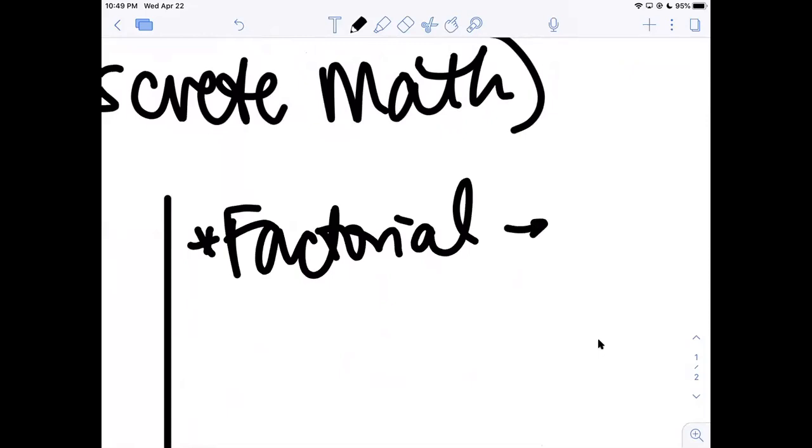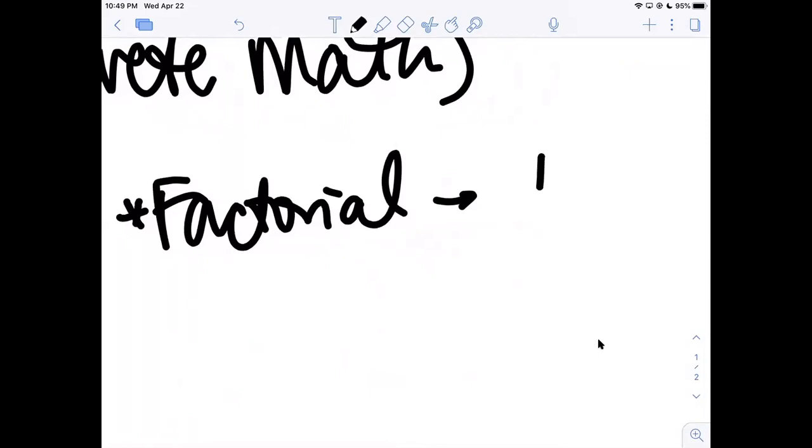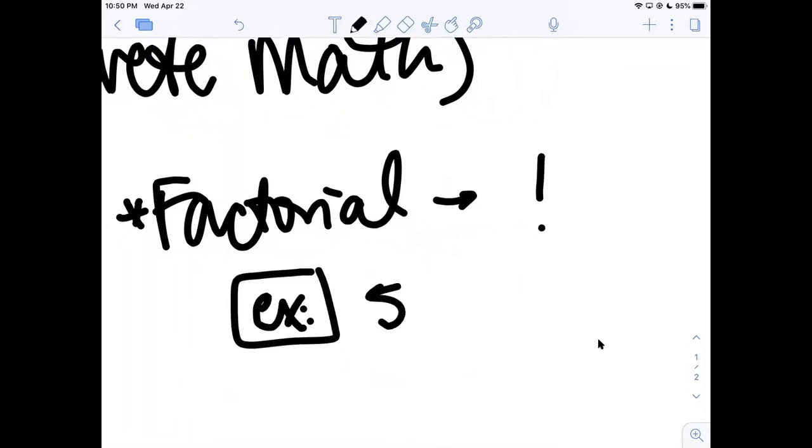A factorial is a symbol to represent multiplying different things together. So normally it's represented as an exclamation point, or you can also call it a bang. So an example you may see is 5 factorial, which would be 5 exclamation point or 5 bang. Those are a couple different ways to say the same thing.